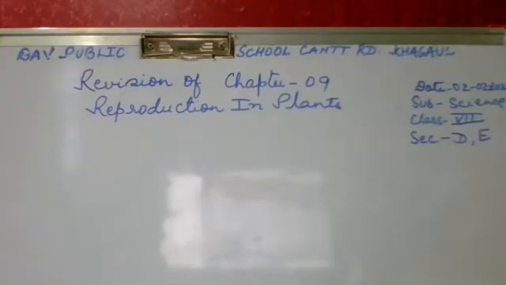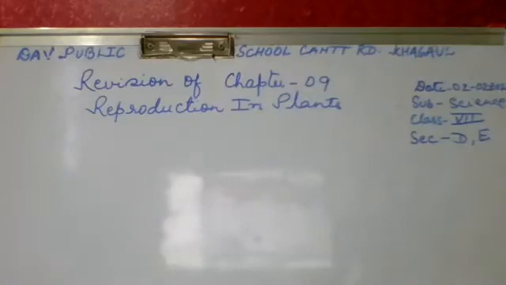What are the different parts of the reproductive organ? The reproductive organ is our flower, isn't it? But what are the different parts over there? Ma'am, the different parts of the flower are stamen and pistil. Stamen consists of anther and filament, and pistil consists of stigma, style, and ovary.